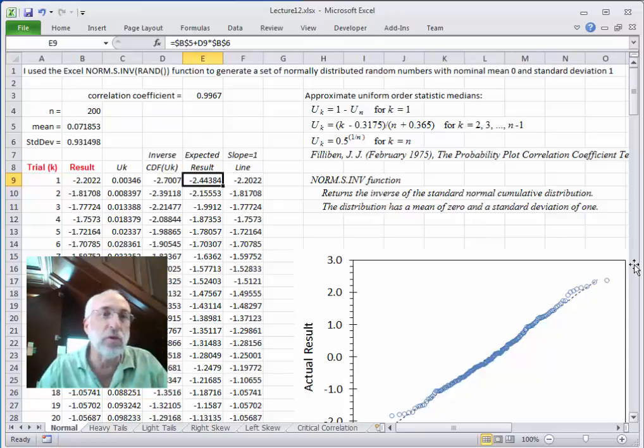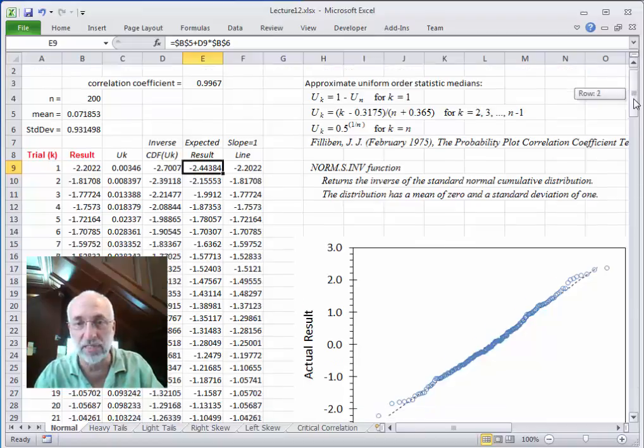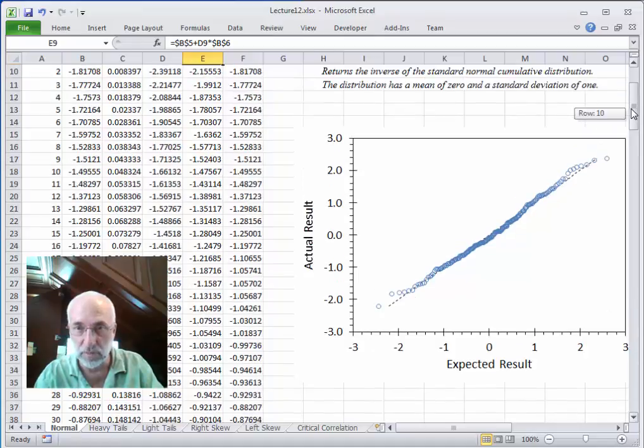That converts it into an expected result. I do that for every single one of these data points. I now have a set of actual results and expected results, assuming that a normal distribution was correct. I also plot a slope equal 1, y equals x line as the dotted line, and that's this dotted line here in the graph. Okay.